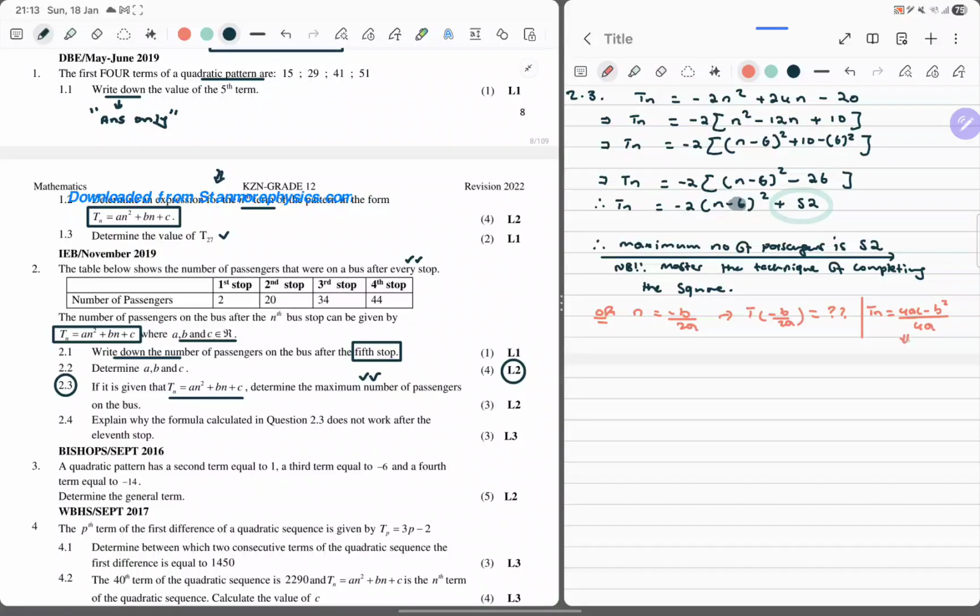But be very careful here. It will be dangerous if n here is not a natural number or a whole number. For this to apply, this must be a whole number. So before you can jump in here, please run a check that this is the case and the answer is a whole number. Then you can just go straight to that formula.